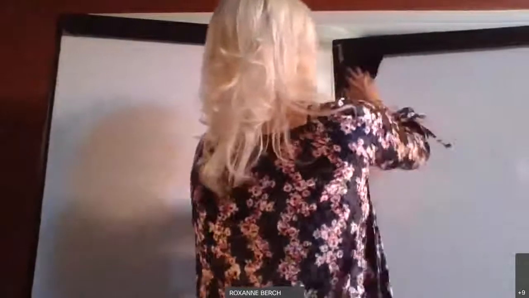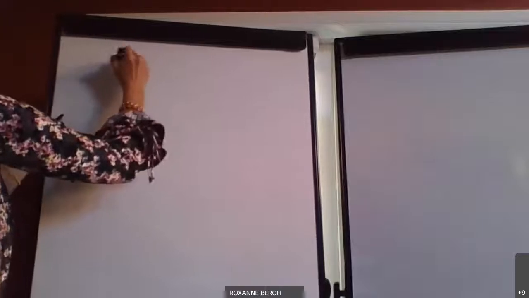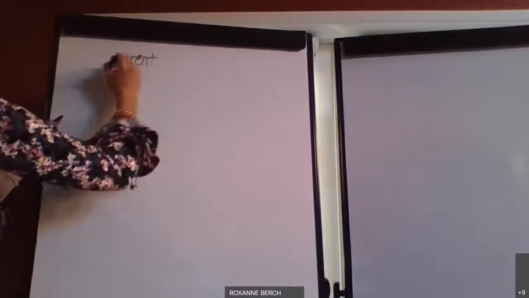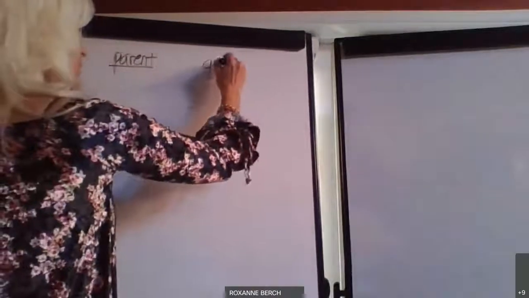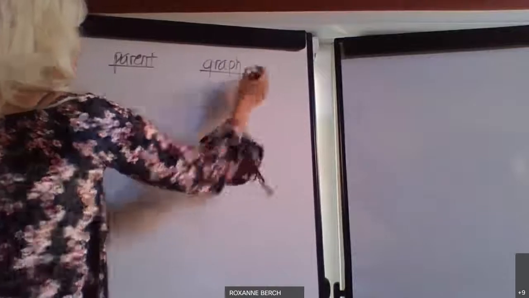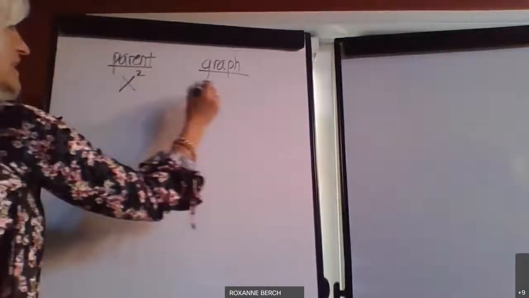Now I'm going to teach you some common sense stuff instead of memorizing the leading coefficient test. All right, watch this. I'm going to show you some parent functions, and I'm going to show you their graphs. So the quadratic looks like this.